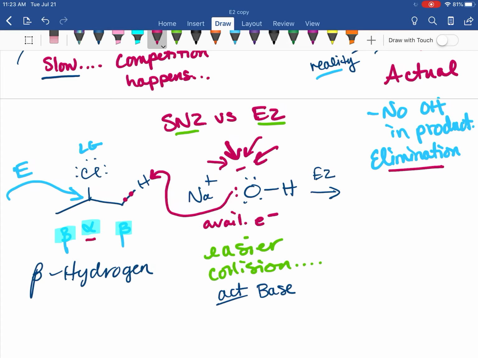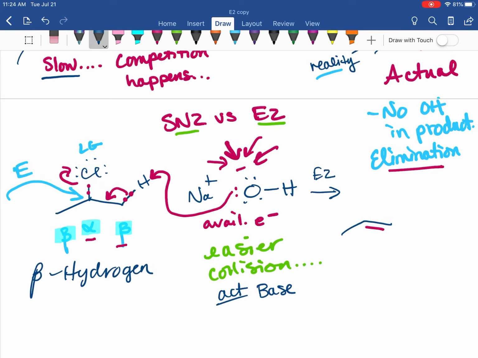You can't have more than one bond to hydrogen. These electrons have to go somewhere. This is why your spacing matters. This is why this hydrogen has to be beta. These electrons collapse right here, and the only way that happens is they push off your leaving group.